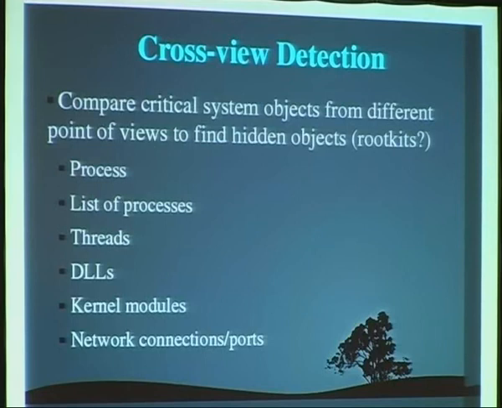This detection method is named cross-view detection. So you compare critical system objects from different points of view, and if you see a difference between views, you can tell that something is wrong inside the system, and it can be rooted. So far we perform cross-view detection on processes, threads, DLLs, kernel modules, network connections, and ports.